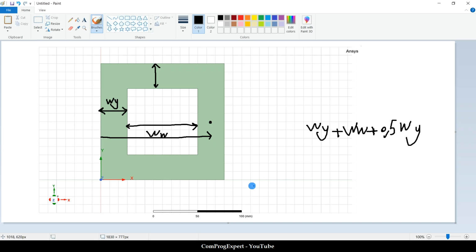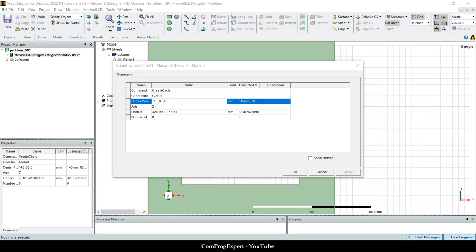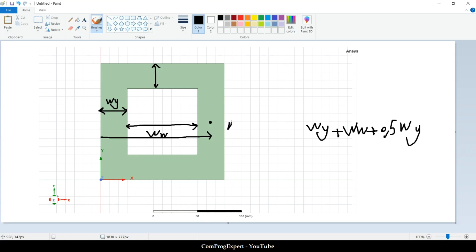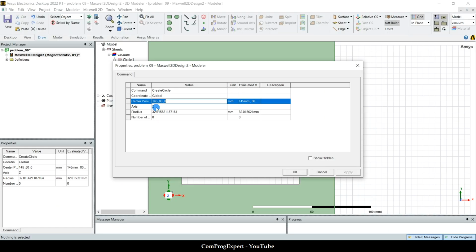We have this distance also for the y, that is width of window divided by 2 plus width of the yoke. Okay, so x size is 1.5 times width of the yoke plus width of the window. The center point, the y coordinate, is width of the window divided by 2 plus width of the yoke.